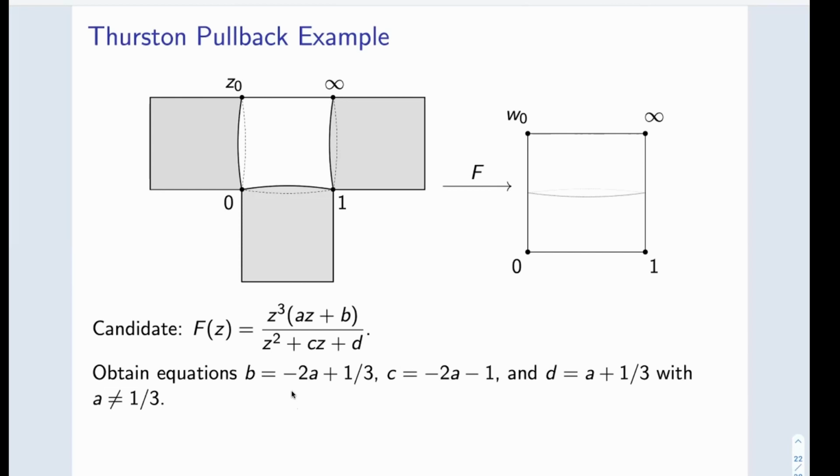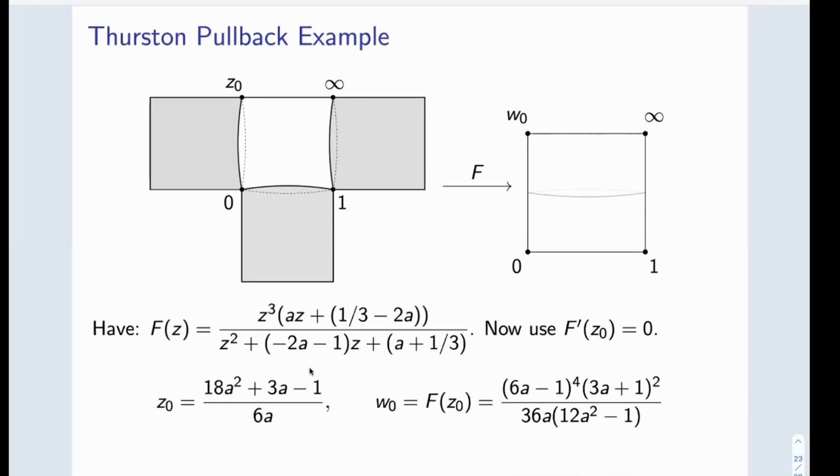So B can be chosen to be minus 2a plus 1/3. C can be minus 2a minus 1, and D can be a plus 1/3. All right, and I need to exclude a from being 1/3. If a were 1/3, then some sort of degeneracy happens. So I toss that out.